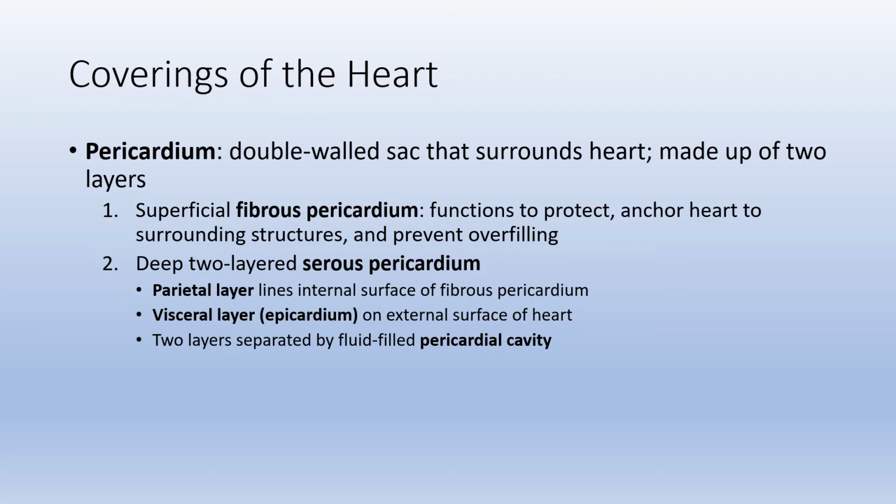This is found on the internal surface of the fibrous pericardium. Deep to the parietal pericardium, we have that space known as the pericardial cavity, where we will find serous fluid to reduce friction as the heart beats all day, every day.